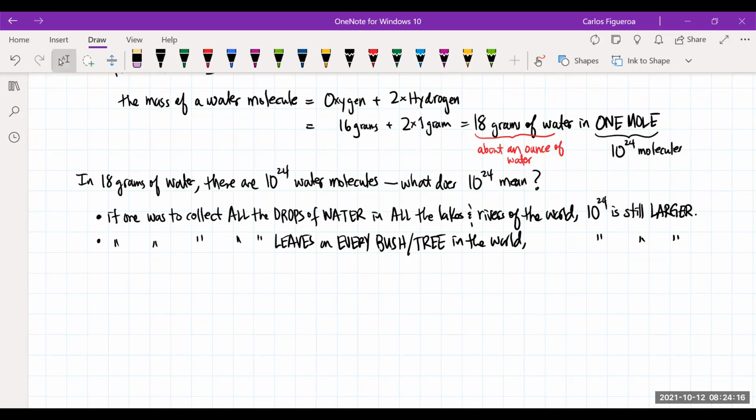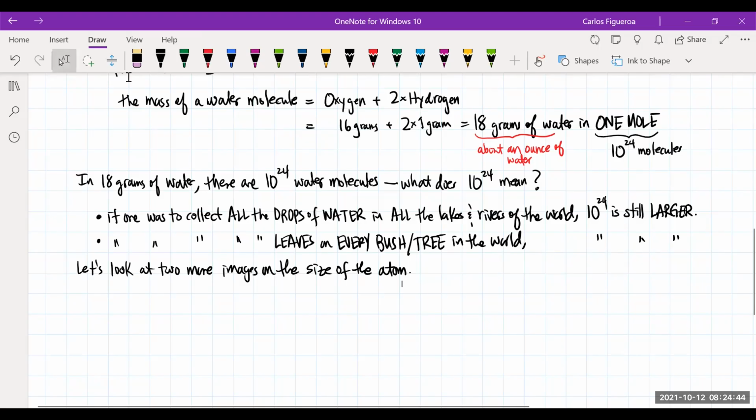But I think we should leave you with two more images on the size of the atom. Here are two more analogies.